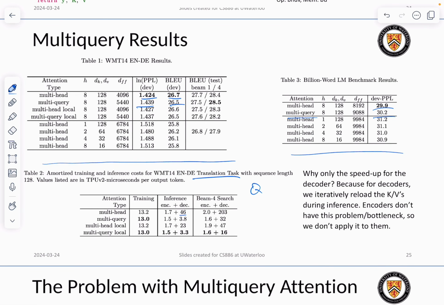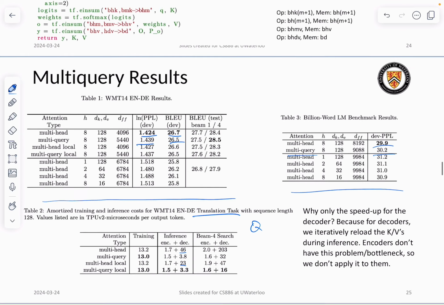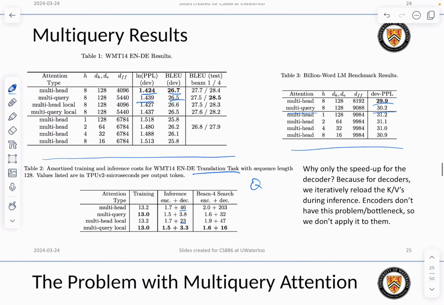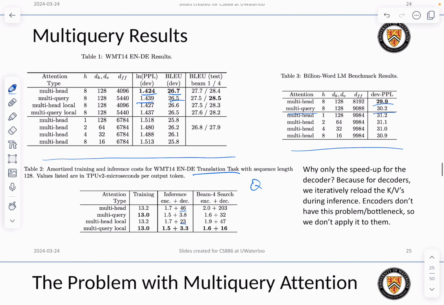But for the decoder part, we have to constantly reload "je m'appelle Mathieu". So by doing that, we waste a lot of time if we reload h times as many heads in multi-head versus multi-query. So that's a lot faster here.